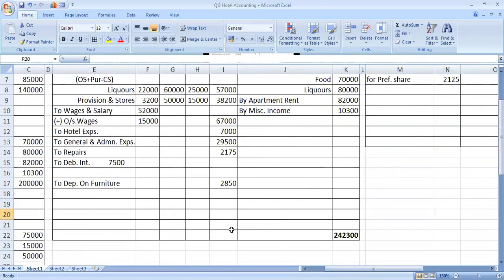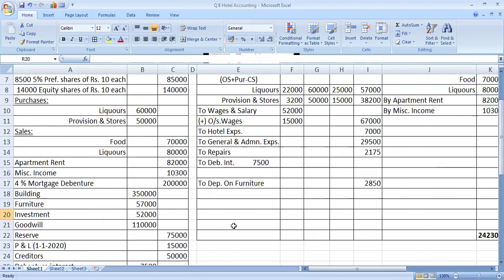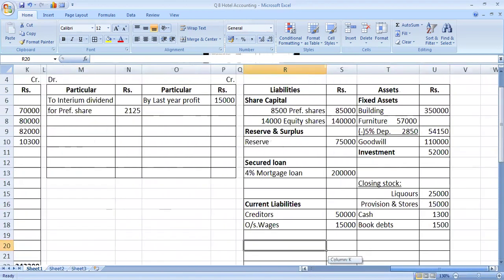Adjustment number fourth, provide interest on debenture. This item is taken under the heading of secured loan. 4% interest on loan, that is 8,000.